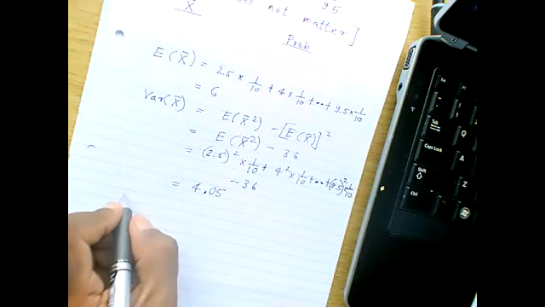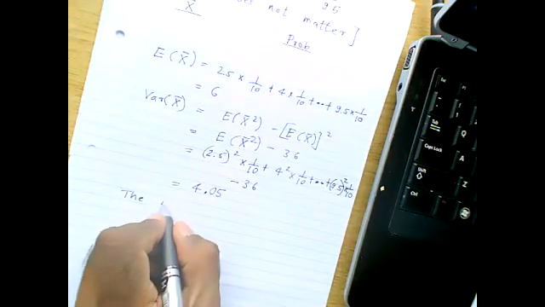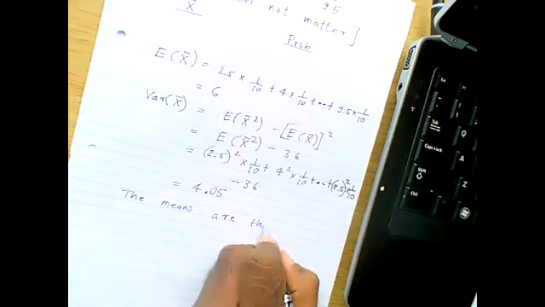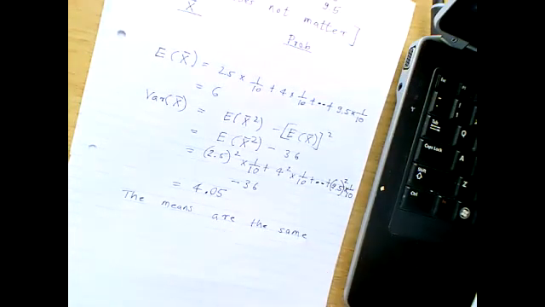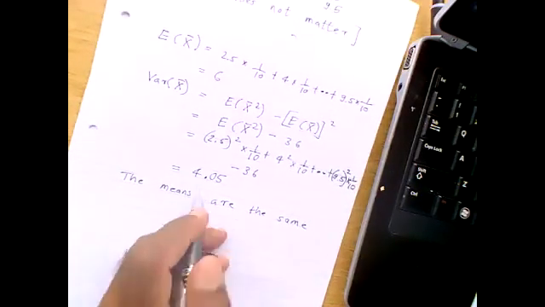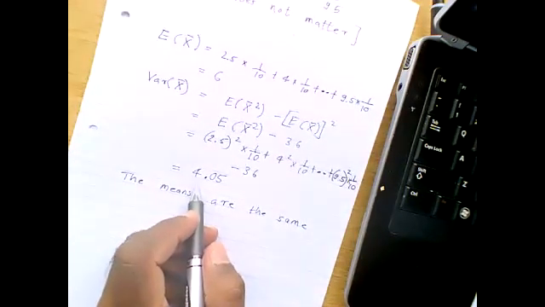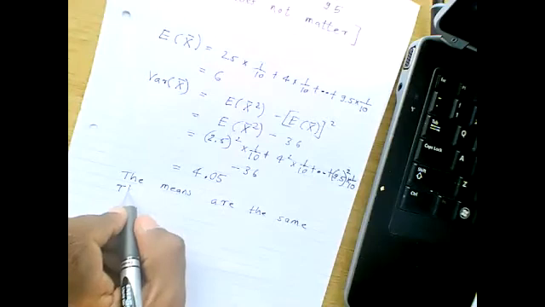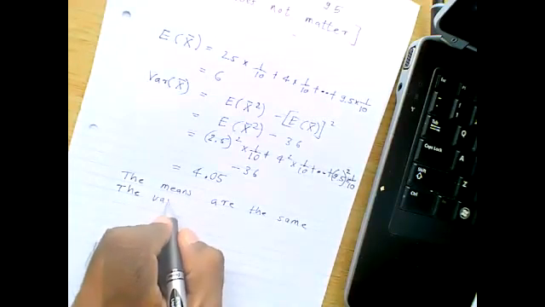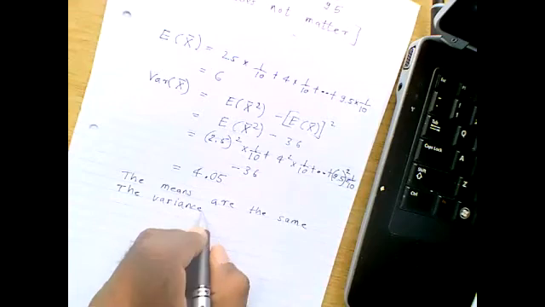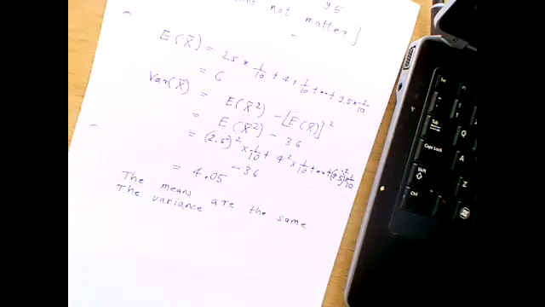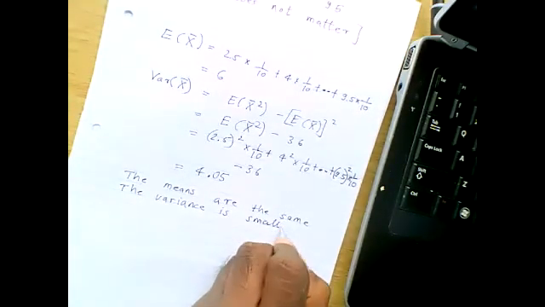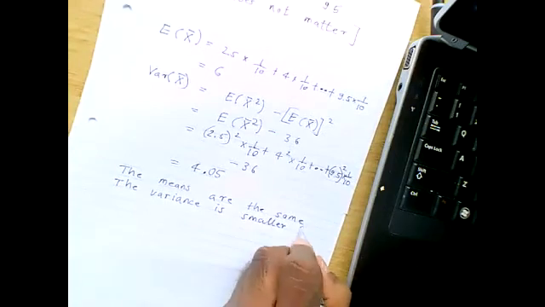In question 3, the means are the same as what we got here, but the variance now is 4.05. The variance earlier was 5.4, so the variance is smaller for without replacement.